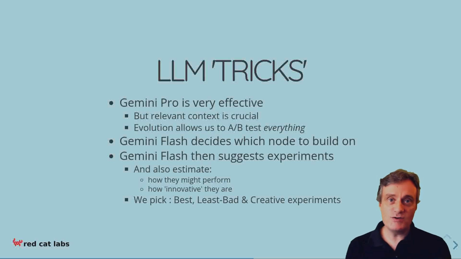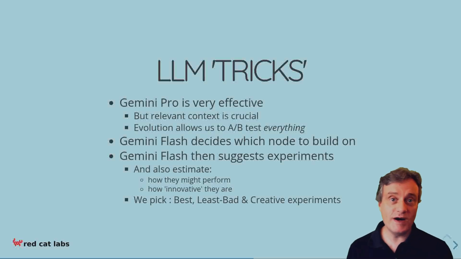And so out of a whole bunch of different suggestions, we're going to pick the one which it thinks has the potential to be best, the one which it thinks has the potential to be least bad at improvement, because it has come up with a range, and we also want the one which it thinks will be most innovative.